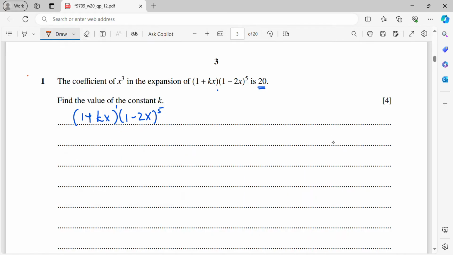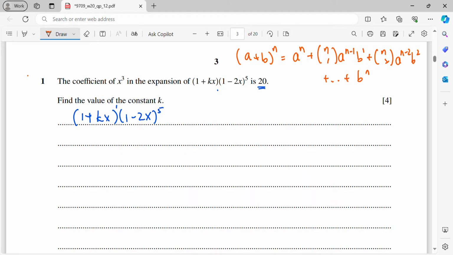According to the formula, (a plus b) to the power of n is a to the degree n, plus nC1 a to the degree n minus 1 b to the degree 1, plus nC2 a to the degree n minus 2 b to the degree 2, until b to the degree n.